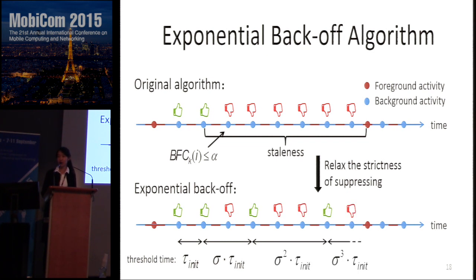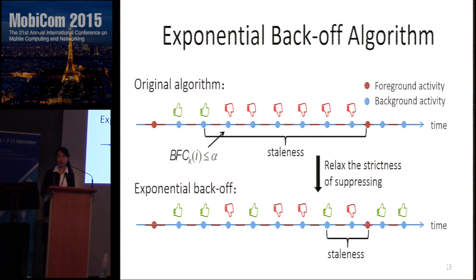Whenever a foreground activity happens, tau will be reset to an initial value. So now the staleness, based on our definition, will be only this much, significantly reduced compared to the original algorithm, with just a small portion of background activity allowed here.